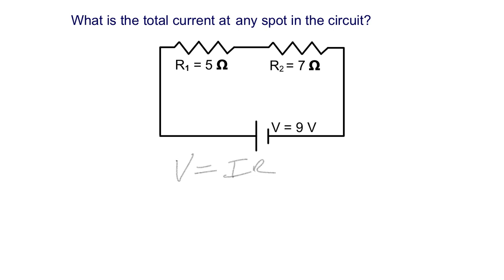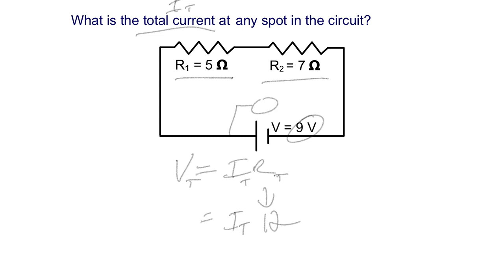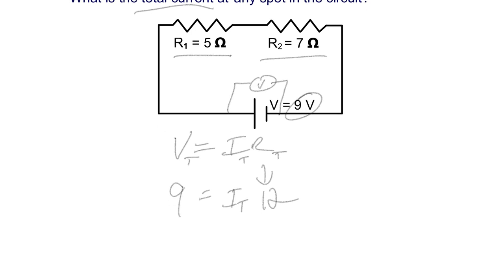Okay, so what is the total current, IT? It's the same anywhere because it's in series. So VT equals IT times RT. Let's find RT. Because they're in series, I'm just going to add them. 5 plus 7 is 12 times IT equals the total voltage, or potential difference, which is 9 volts.